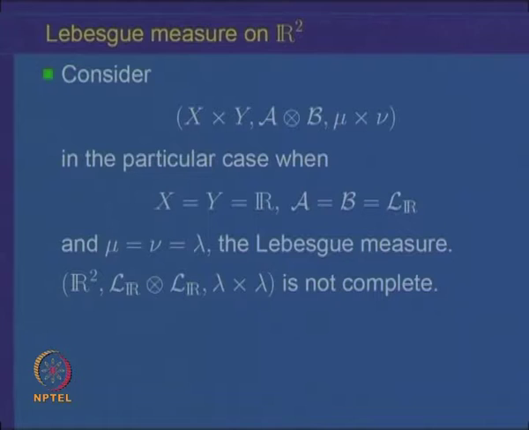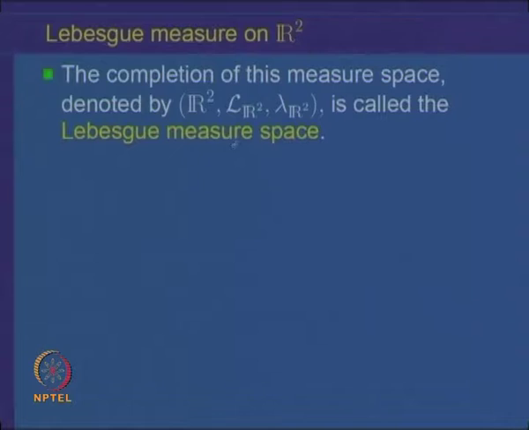If you recall, we had mentioned that even if the original measure spaces are complete, the product measure space need not be complete. So, this product measure space is not complete. We can always complete it, and the completion is denoted by R 2, Lebesgue measurable subsets of R 2 and lambda of R 2.